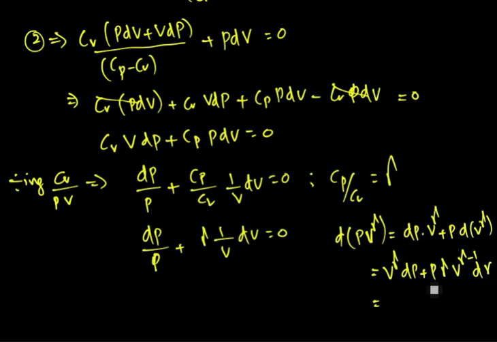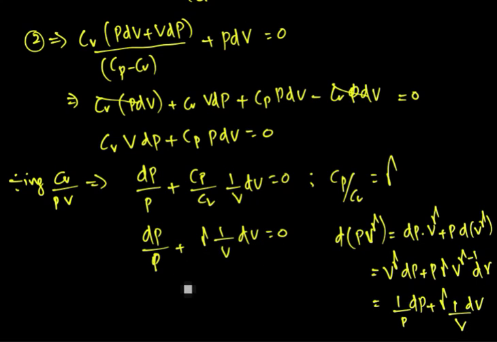If you divide this equation by P V raised to gamma, this equation will be 1 by P dP plus gamma times 1 by V dV.